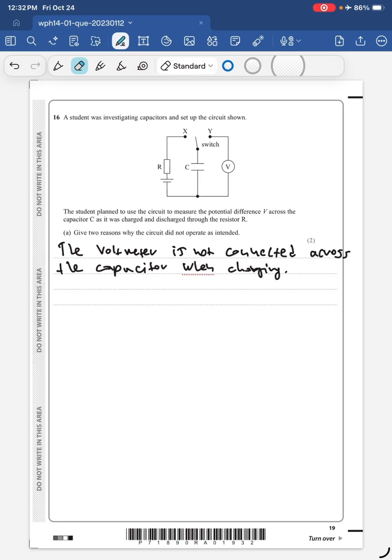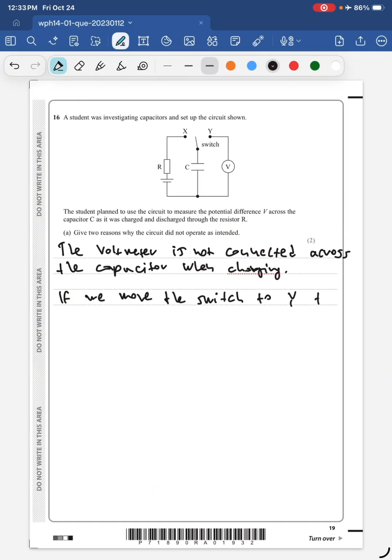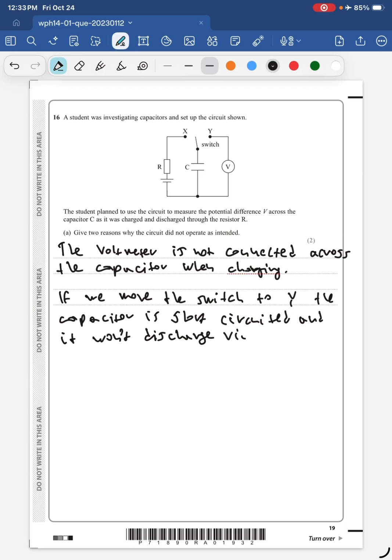So if we move the switch to Y, the capacitor is short circuited, and it won't discharge via the resistor. Okay, and that's the answer.